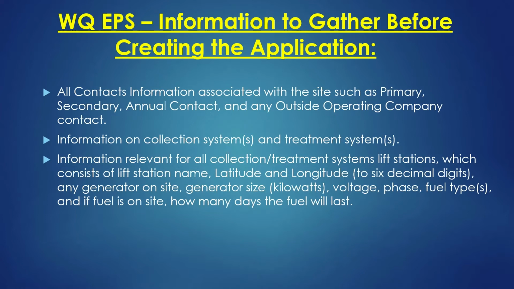Information on any collection systems which convey wastewater to your collection or treatment system, which would be community served, including the system's relevant lift station information, and information on lift stations within your collection system, including the lift station name, decimal latitude and longitude to 6 digits, whether a generator is on site, the generator size in kilowatts, voltage, phase, fuel type, if fuel is stored on site, and how many hours the stored fuel will last.